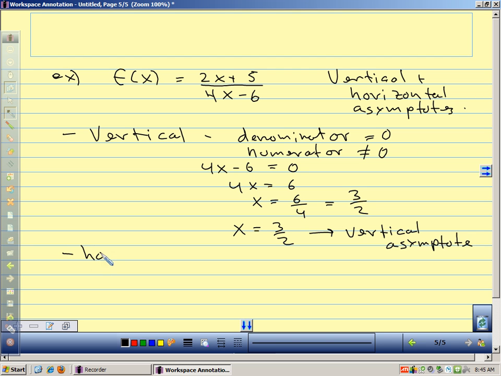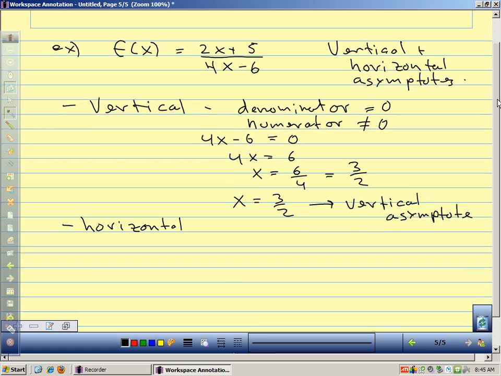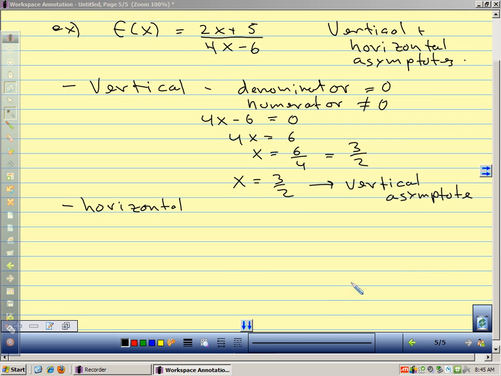And our horizontal asymptote. How do the degrees of the numerator and denominator compare? What's the degree of the numerator? 1. What's the degree of the denominator? 1. They're equal.